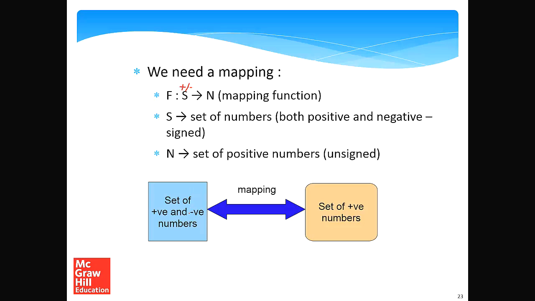Let the set of positive and negative numbers be called S, and let each number, irrespective of its sign, be mapped to a sequence of binary bits, which we can alternatively interpret as a positive number. Let's call this set n. If we find a mapping, we'll be able to represent both positive and negative numbers using a binary representation. For positive numbers, we already have some idea from our previous discussion, but it does not cover negative numbers, so this needs to be covered here.